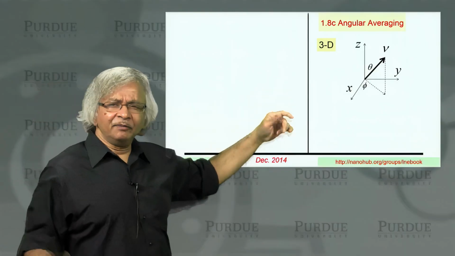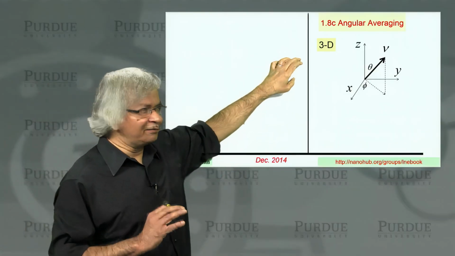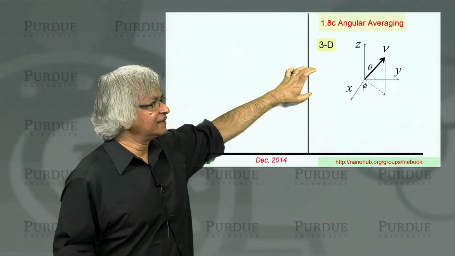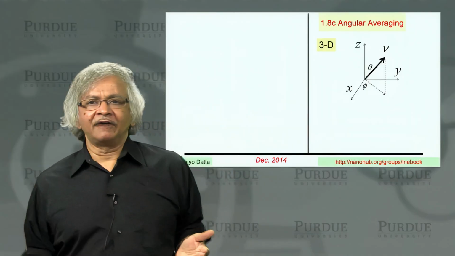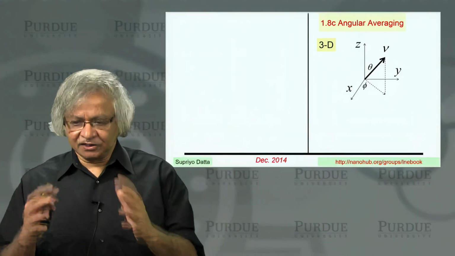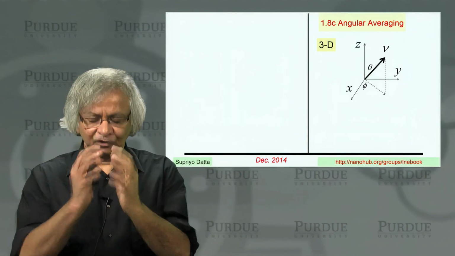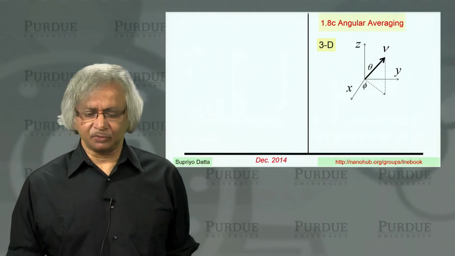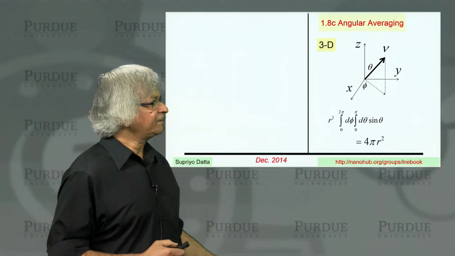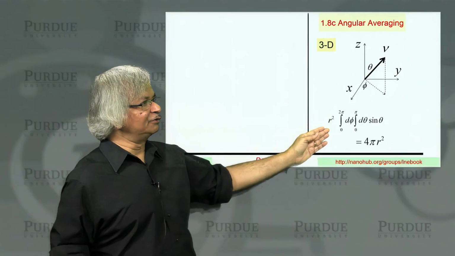If you're not familiar with it, it takes a little time to get used to this, so I'll refer you to standard texts, where people find, say, the surface area of a sphere. As you know, if you had a sphere whose radius is r, the surface area is 4 pi r square. How would you find that? Usually you do this integral.